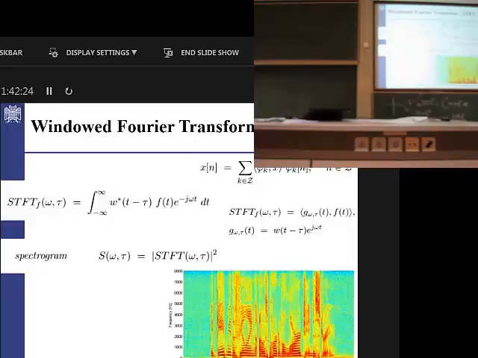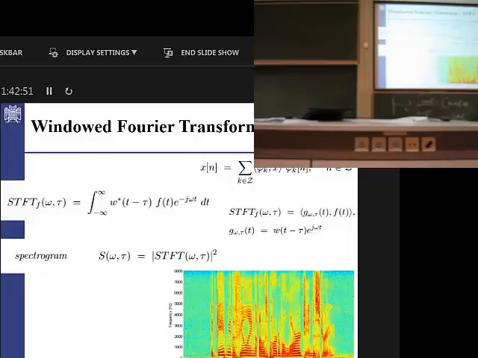And probably you have seen this kind of graph several times, which is called a spectrogram. A spectrogram is nothing but the magnitude square of the STFT representation of the signal. So it is time versus frequency, and every single color you see here is the magnitude square of the STFT over time and frequency.